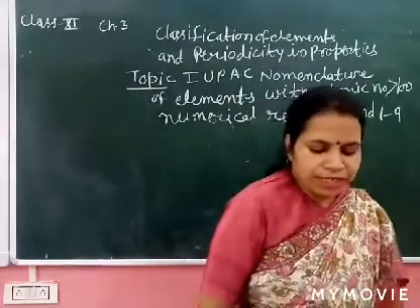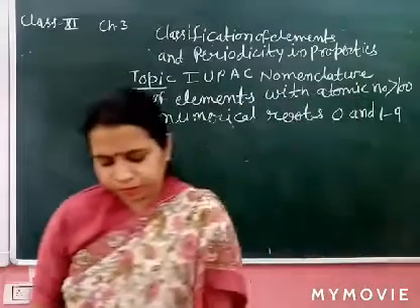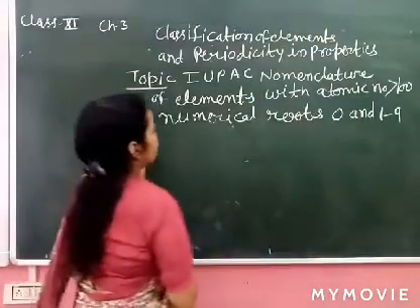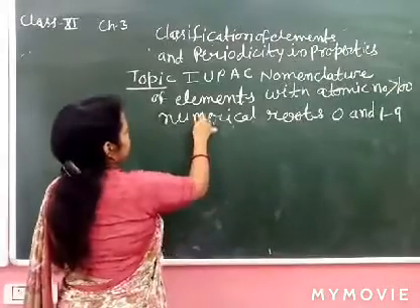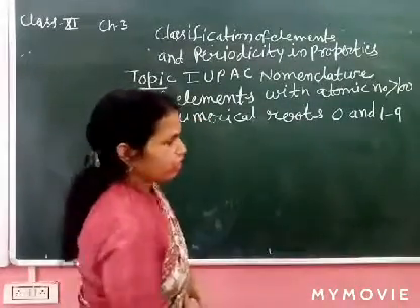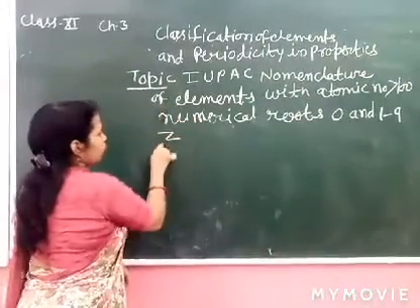Now the recommended name and the official name. The recommended name and the IUPAC official name, given after discovery, along with the symbol. For example, Z is 101.